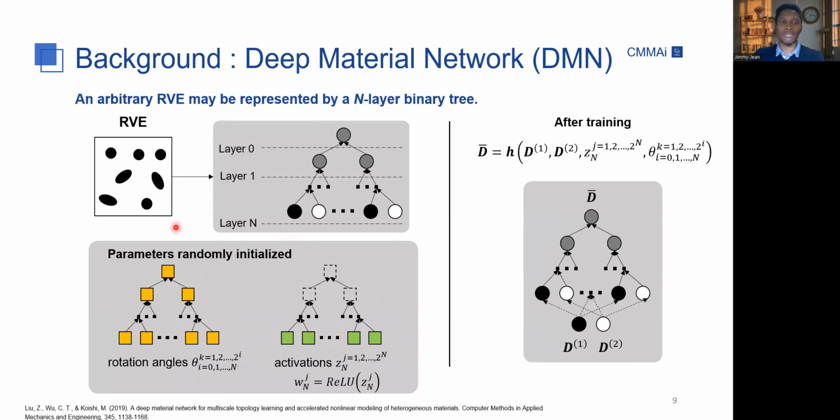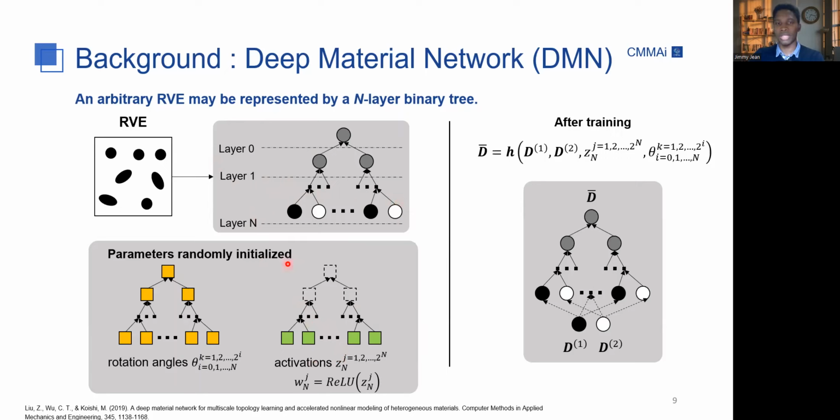Now, let's say that we have a more complicated RVE, which we want to represent using DMNs. We can start by initializing an n-layer binary tree. And what we'll do is that we will assign different rotation angles to each node in that binary tree, and we will as well assign activations, which we name Z, to nodes at the bottom layers of that binary tree.